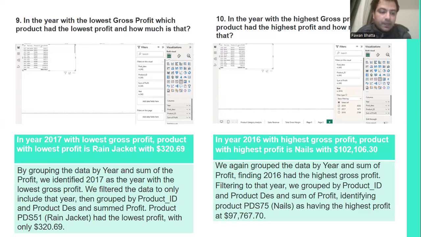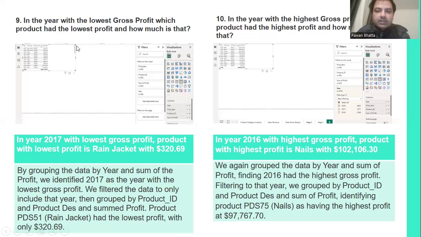For this, by grouping the data by year and sum of the profit, we identified 2017 as the year with the lowest gross profit. We filtered the data to only include that year, then grouped by product ID and product description and summed up the profit, and we found that rain jacket has the lowest profit with only $320.69.